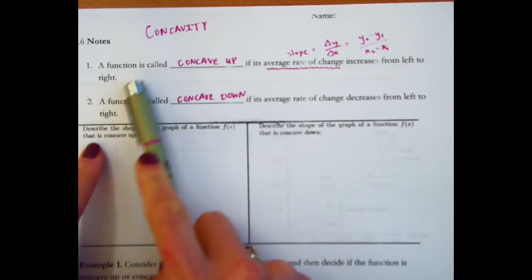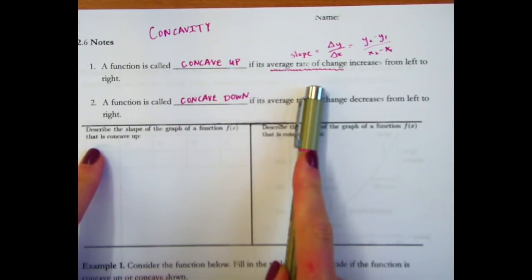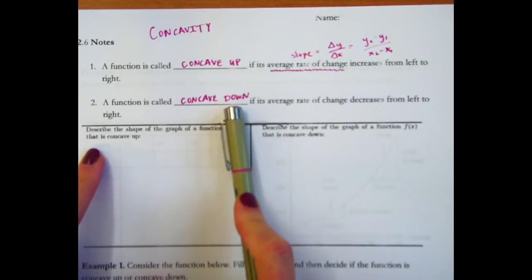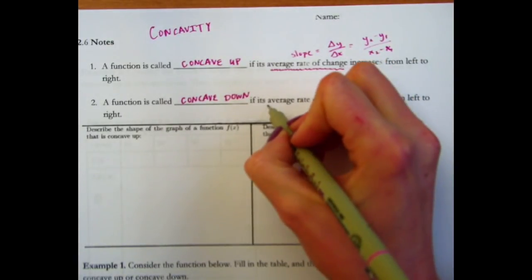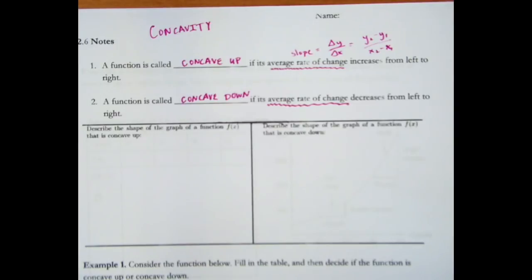So a function is called concave up if its average rate of change increases from left to right, and a function is called concave down if its average rate of change decreases from left to right. Looking at a function, it's actually pretty straightforward to tell if it is concave up or concave down. Throughout your whole math career, you have already seen many functions that are either concave up or concave down. You just didn't have the vocabulary yet.